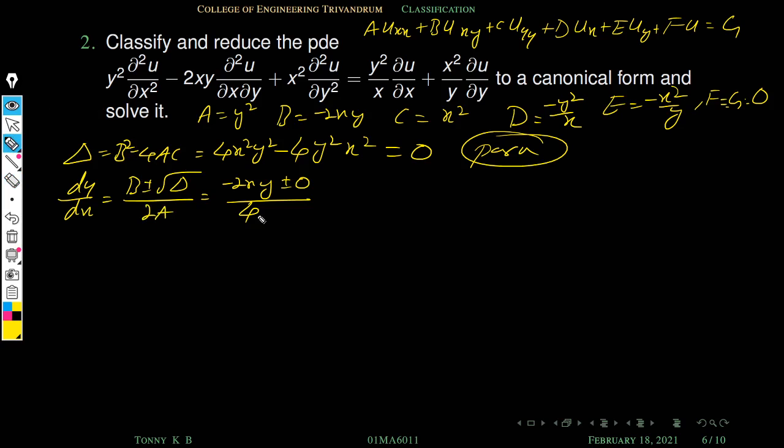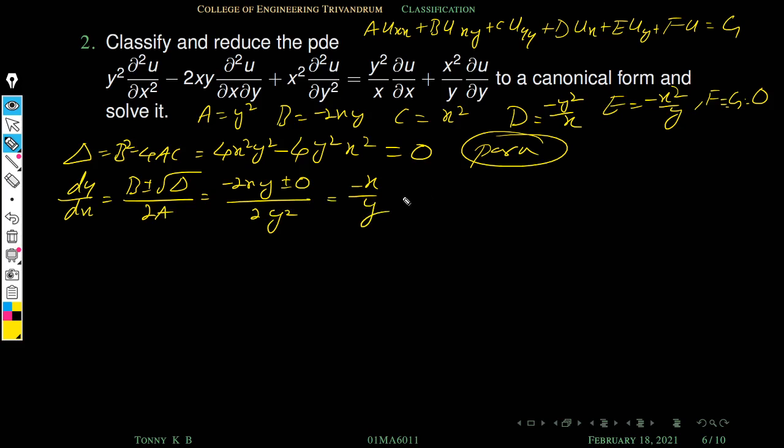Here b is minus 2xy, delta is 0, and 2a is 2y square. So this equals minus x by y. So we have only one characteristic.